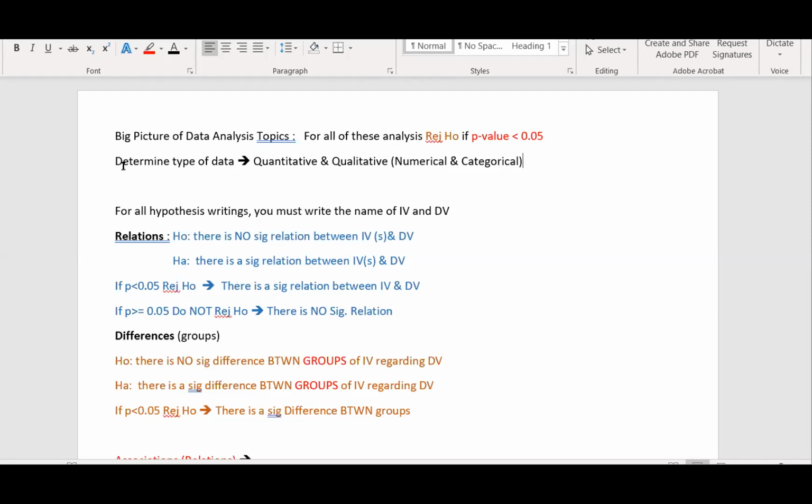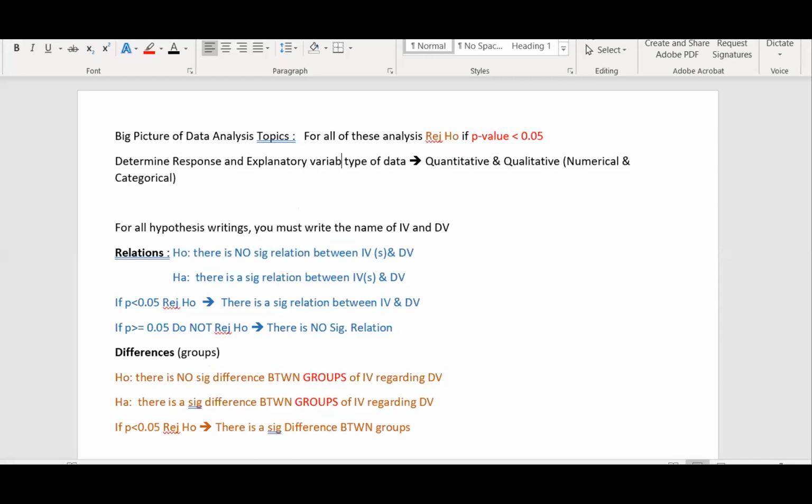So then, what do we do with those? You also need to recognize or determine response variable, response, and explanatory, or in other words, IV and DV.